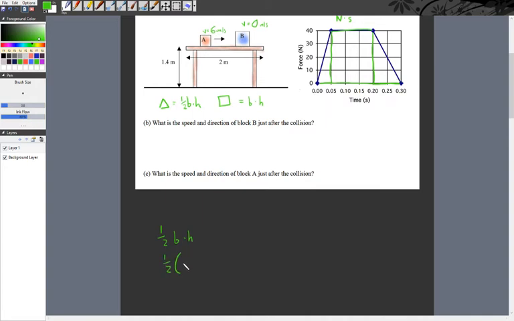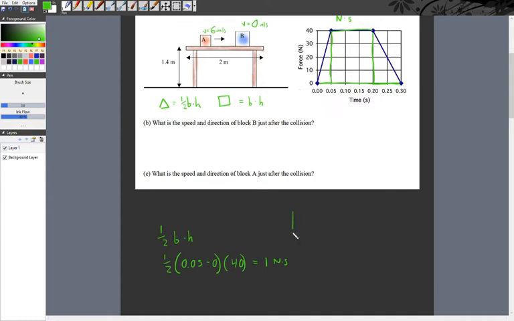The base is going to be 0.05 minus 0. The height is going to be, well, the maximum altitude of the triangle, which is 40 units. Okay? And that's going to be equal to 1. 1 what? Well, remember, newtons are a vertical axis, time is a horizontal axis, so it's going to be 1 Newton second.